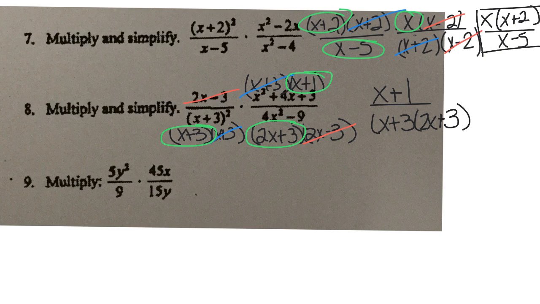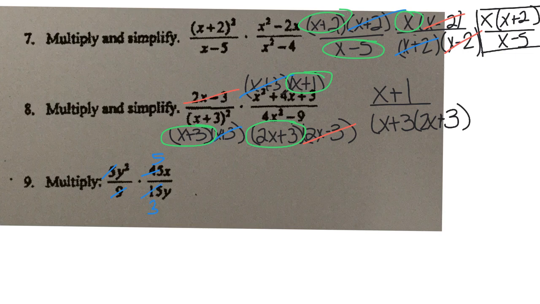Number 9 is a little different because it's not binomials. These are monomial terms. So we treat it more like a problem from chapter 5 where we're just using our exponent rules. So we're going to simplify the numbers first, and then I'm going to multiply across and see what's left. So I see here that 9 goes into 45 5 times, and that 5 goes into 15 3 times.